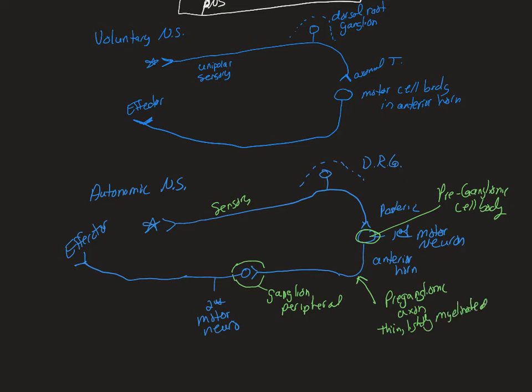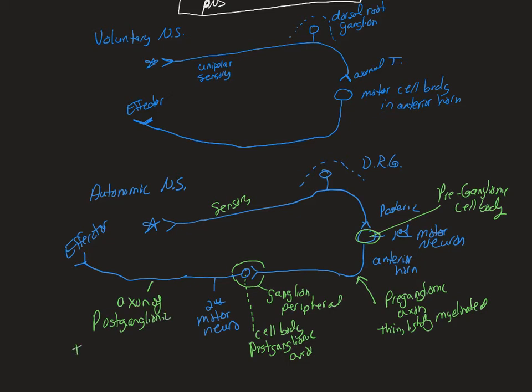Okay, and then right here we have the cell body of the postganglionic axon. All right, and then here is the axon of the postganglionic axon. So this is the postganglionic axon.